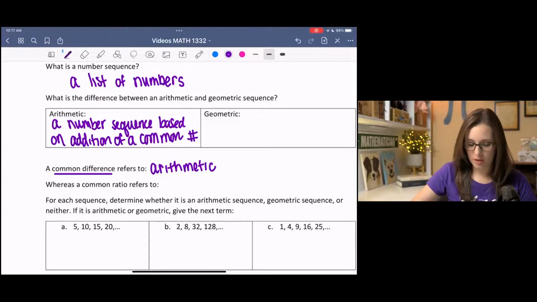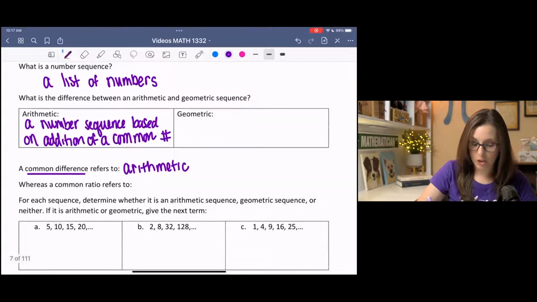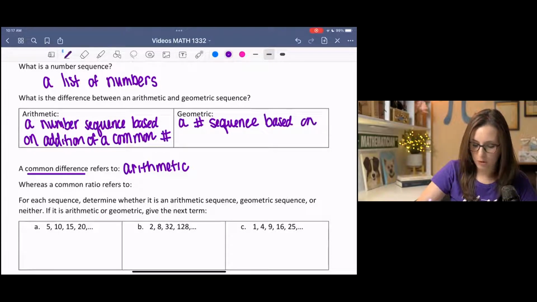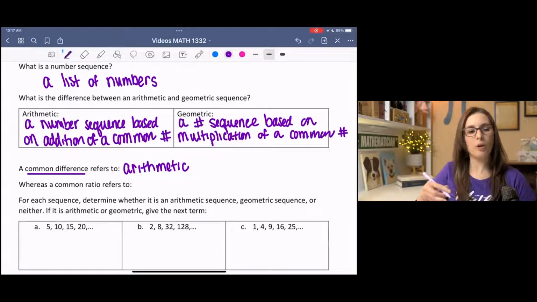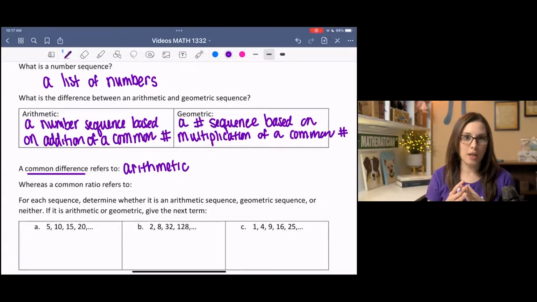Geometric sequences are, or a geometric sequence is, a number sequence based on multiplication of a common number. So again, in both of these, it can't just be any addition, like adding 2, adding 3, adding 4.